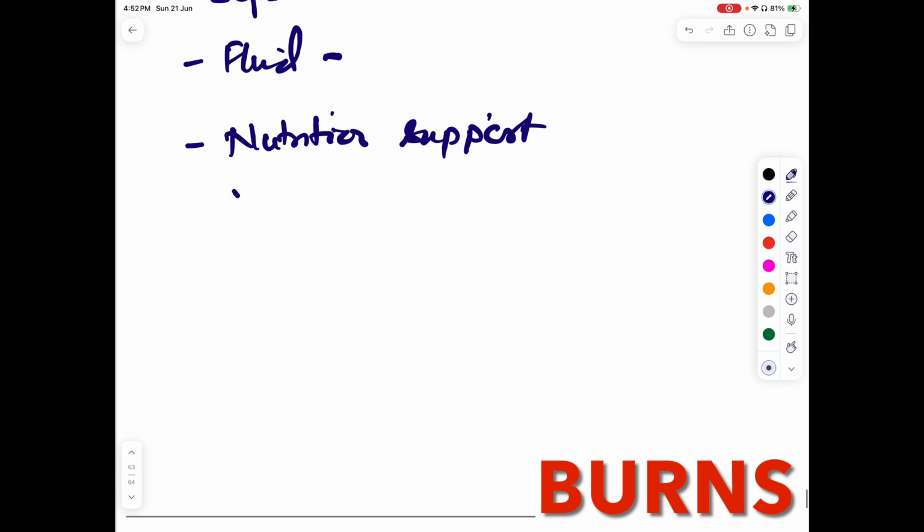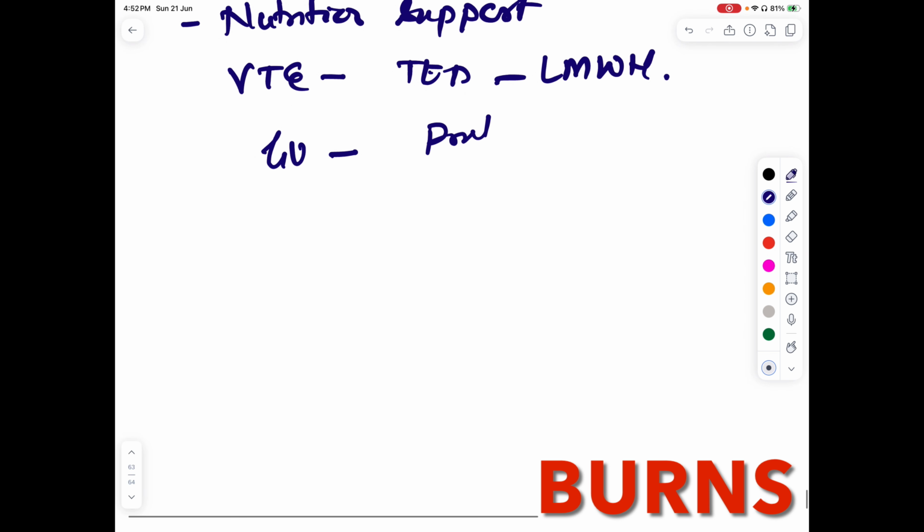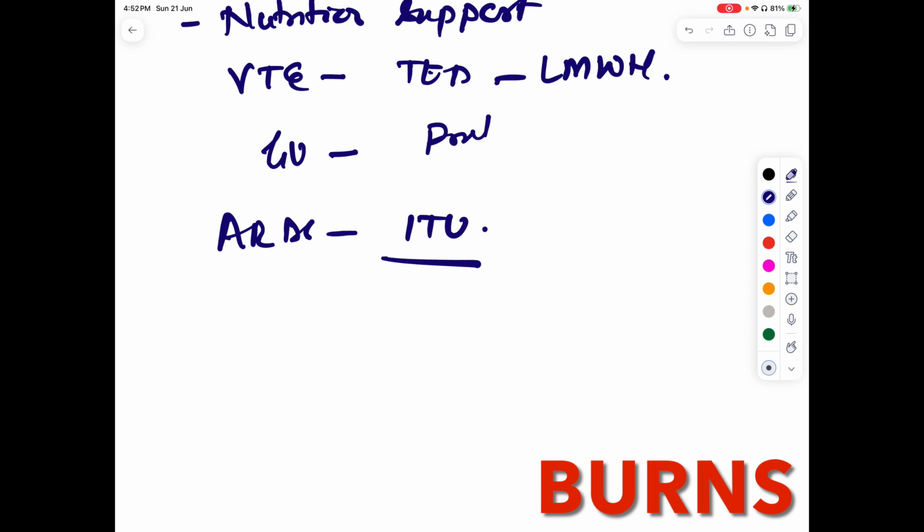Prevent venous thromboembolism by TED stockings or low molecular weight heparin. So this has to be started. Prevent gastric ulcers by giving prophylactic proton pump inhibitors. So ARDS has to be managed in ITU.